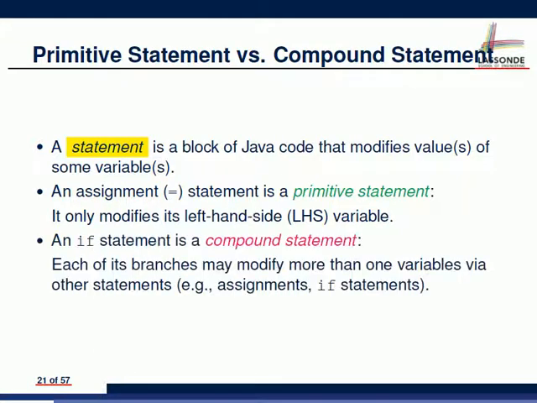However, things can get more complicated if you want to modify more than one variable, or you want to modify a variable only conditionally. Or later on, we might want to modify some variable repetitively using a loop. That's where things get more complicated. But whenever I talk about primitive statements, I really refer to just assignments, a very simple case.